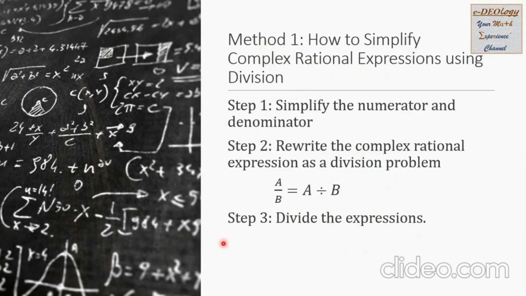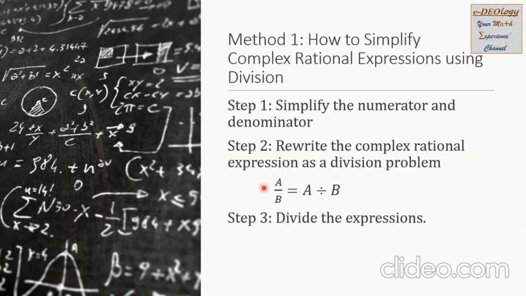We have 3 steps. Step 1, simplify the numerator and denominator. Step 2, rewrite the complex rational expression as a division problem.